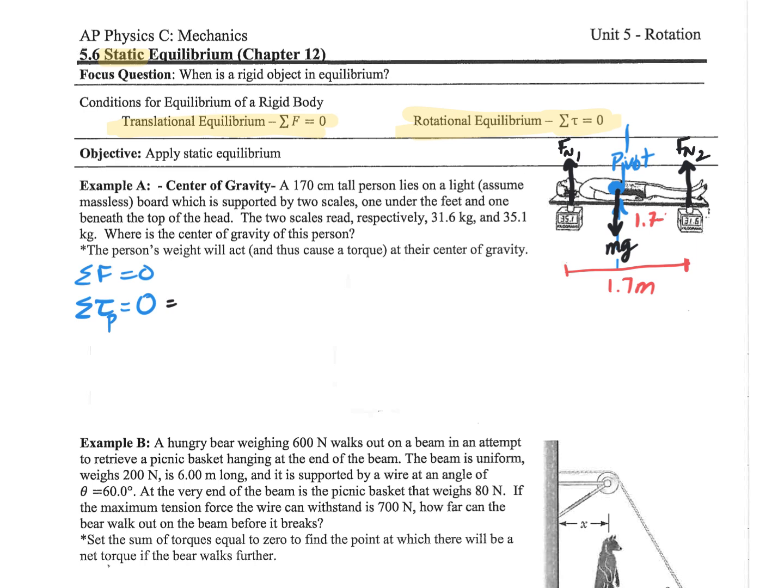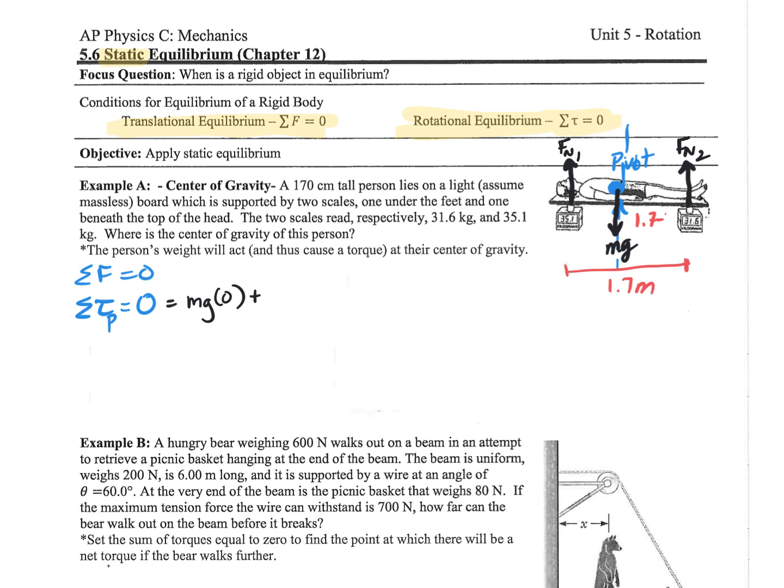So really what we need to look at is what do we want up, positive, and what do we want negative? What's going to cause a clockwise rotation about the pivot? What's going to cause a counterclockwise rotation about the pivot? So the first thing we need to do is mg times 0, right? That's at the pivot.